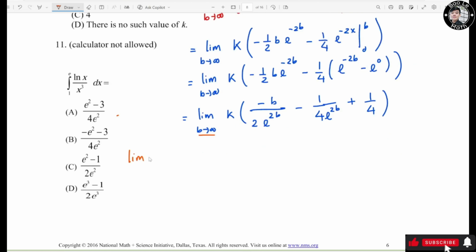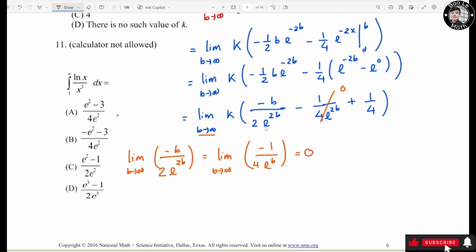So we have the limit as b approaches infinity of negative b over 2 e to the 2b, which equals the limit of negative 1 over 4 e to the b. When b approaches infinity, this approaches 0. Similarly, this approaches 0. So we only have 1/4 left, so this becomes k times 1/4, which means k over 4.